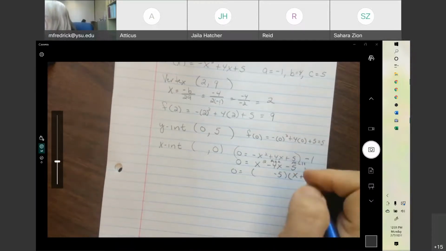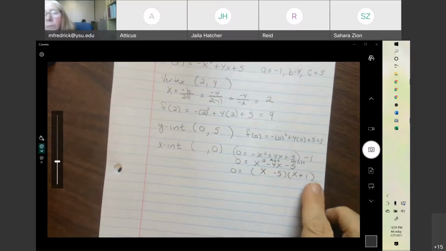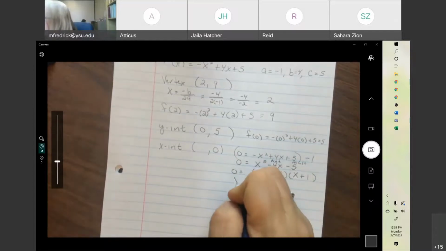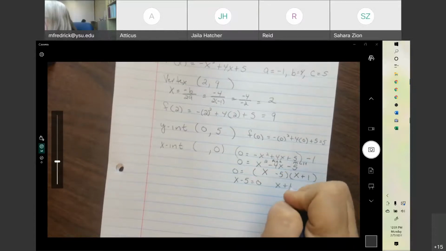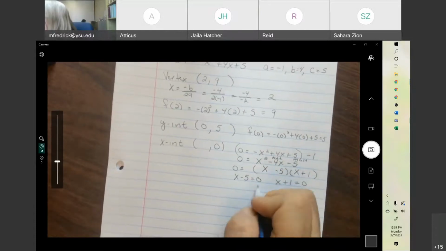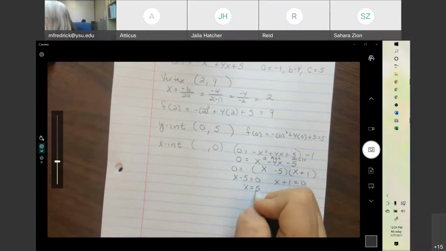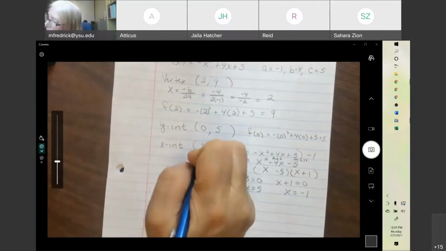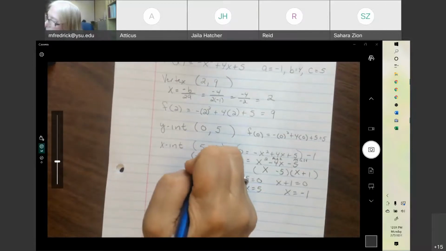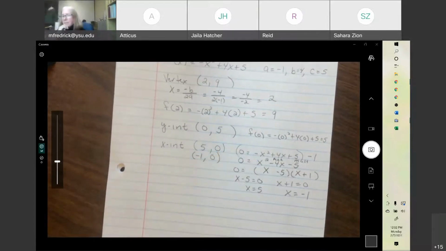So we can use -5 and 1. Set each of them equal to 0. Add the 5. Subtract the 1. So we get 2 x-intercepts at 5 and -1. Any questions on that?